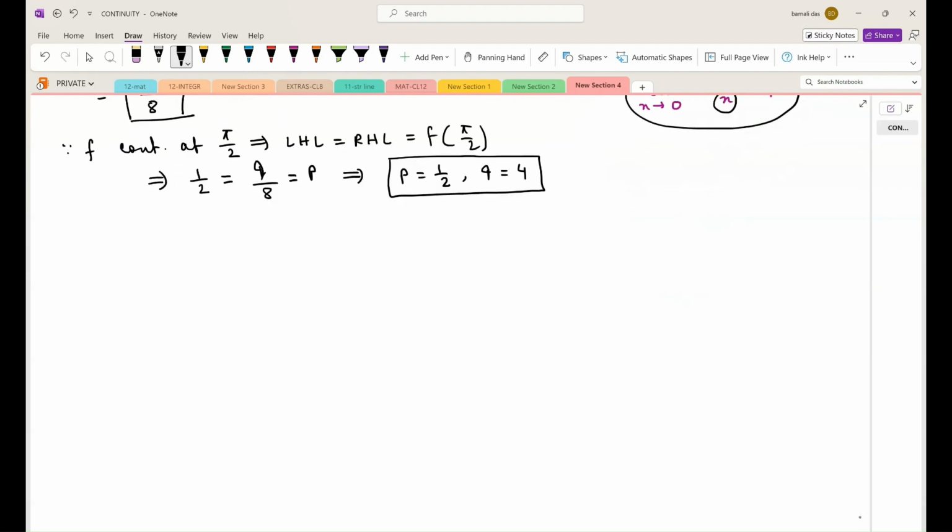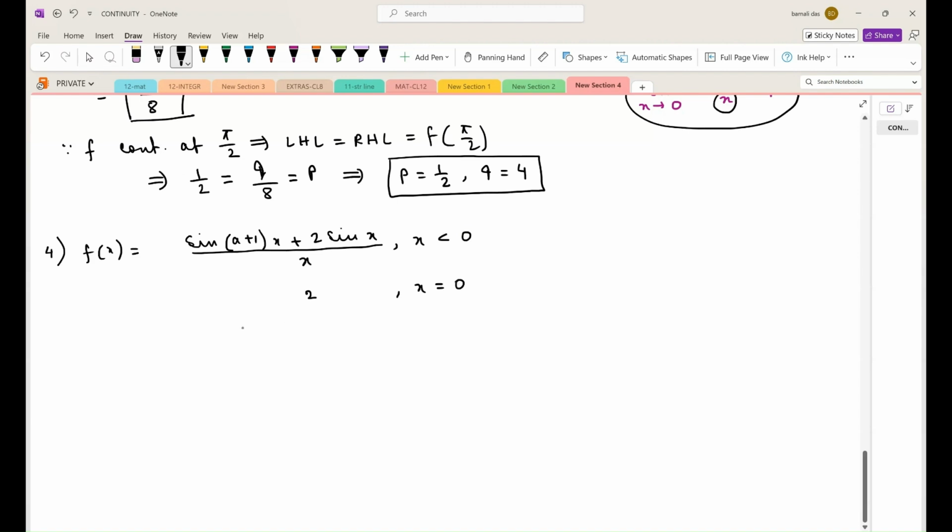So that's with the sum number 3. Now let's come to sum number 4. Here f of x is given as sine of (a plus 1)x plus 2 sine x by x when x is less than 0, 2 when x equal to 0, and root of 1 plus bx minus 1 by x when x is greater than 0.